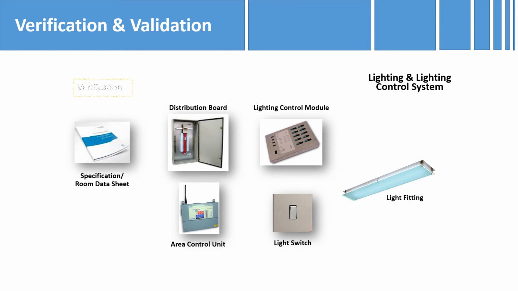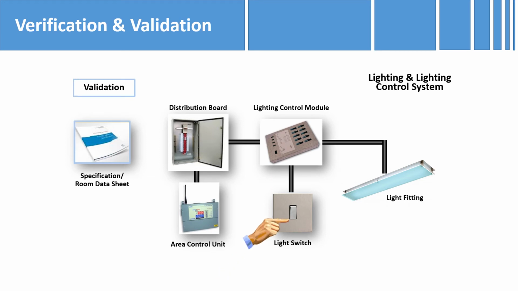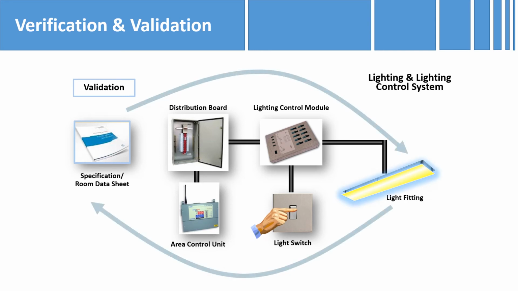In terms of verification, we will discretely verify the components against the specification and room datasheet, also known as the design outputs. In terms of validation, once we connect the system, we can achieve this through switching on the lighting system, whereby we can validate the system end product against the specifications and vice versa from design input to the system design output.